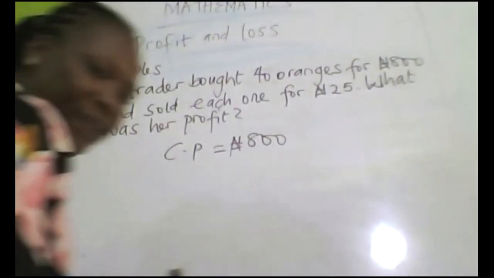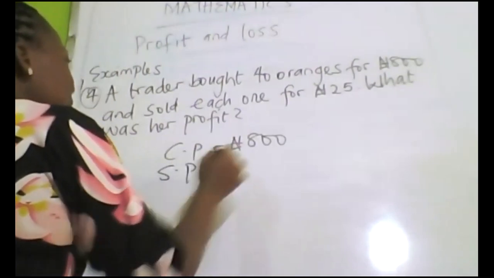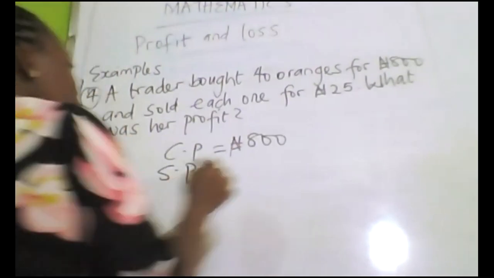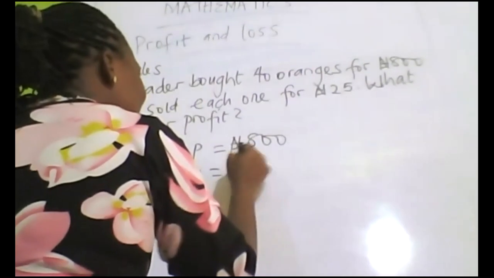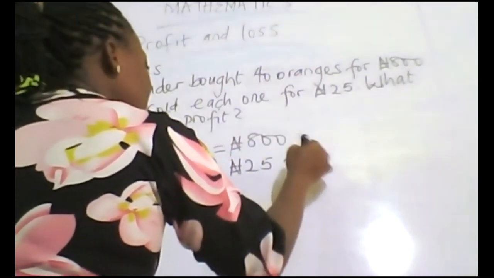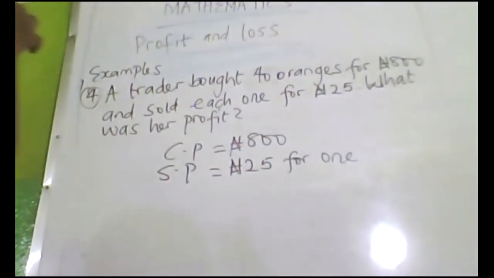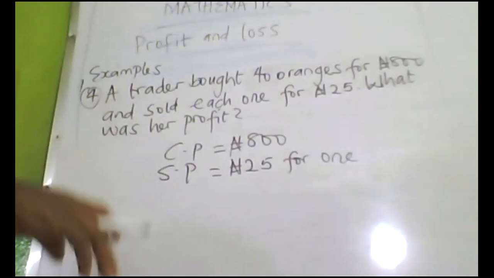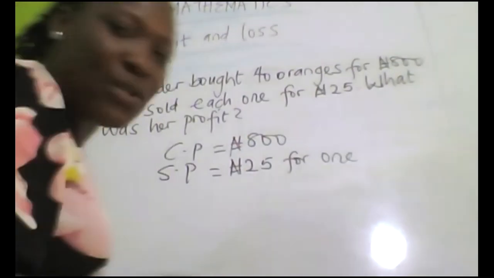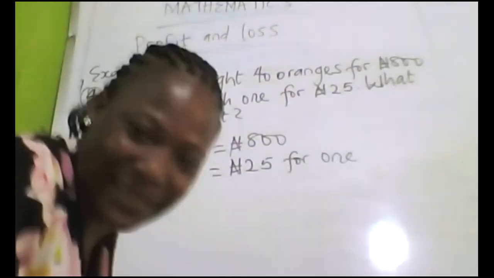Now the selling price: she sold it at the rate of 25 naira for one. So how much did she realize on selling all the 40? That is multiplication of money.